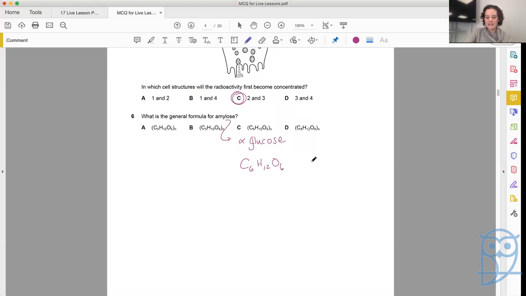However, ladies and gentlemen, that changes, okay? Because remember that we have turned these into ring formulas and we have joined them together.